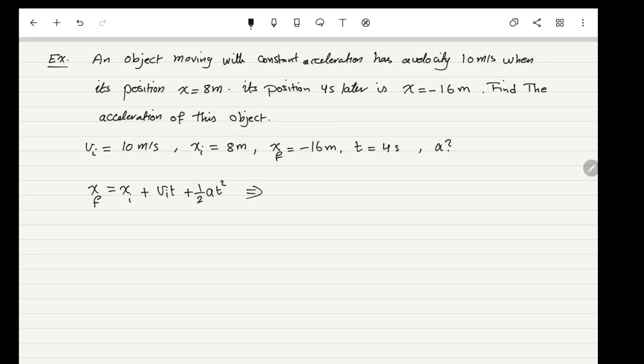Let's substitute back here: minus 16 equals 8 plus v initial t, which is 10 times 4, plus half a times 4 squared, which is 16. You solve this, and we'll find that a in this case is equal to minus 8 meters per second squared.